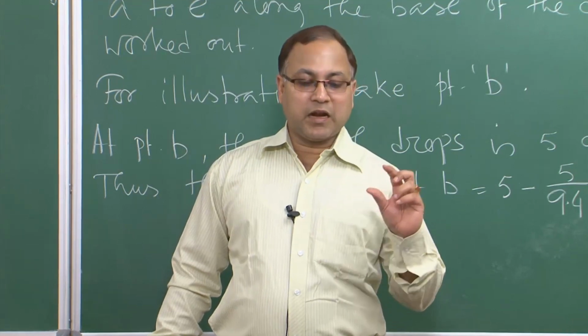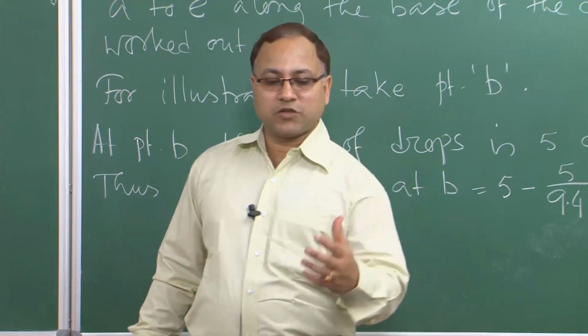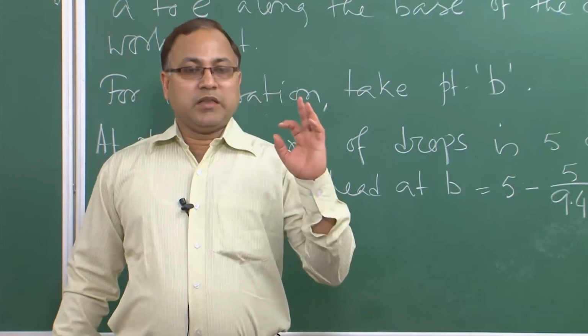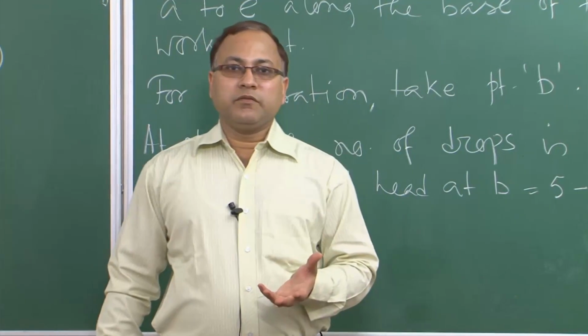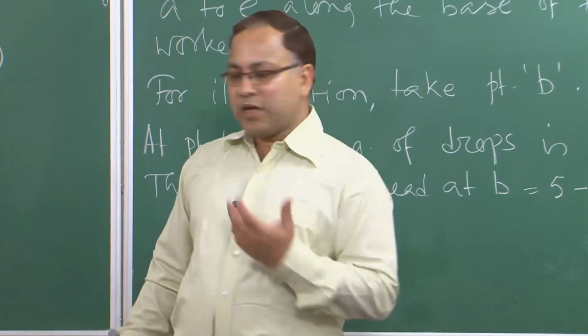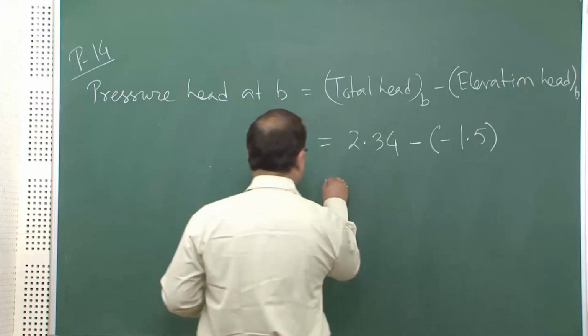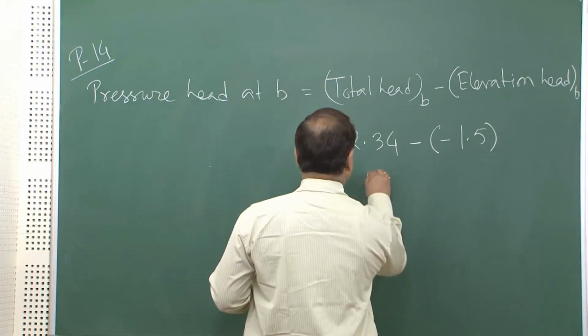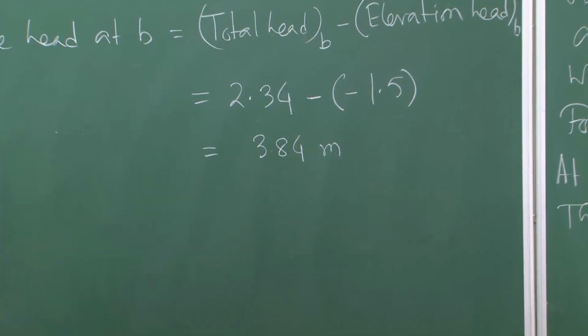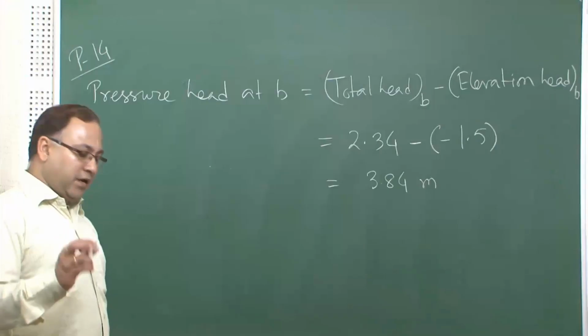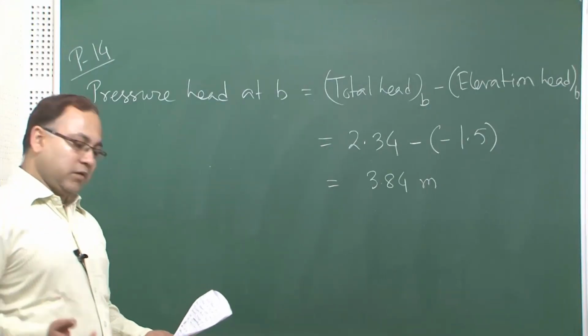So, if I consider the ground level as my datum as shown in the problem, the elevation head of point B is minus 1.5. It is as simple as that. Okay. So, ultimately I am getting 3.84 meter. So, this is my pressure head at point B, which needs to be calculated, right.